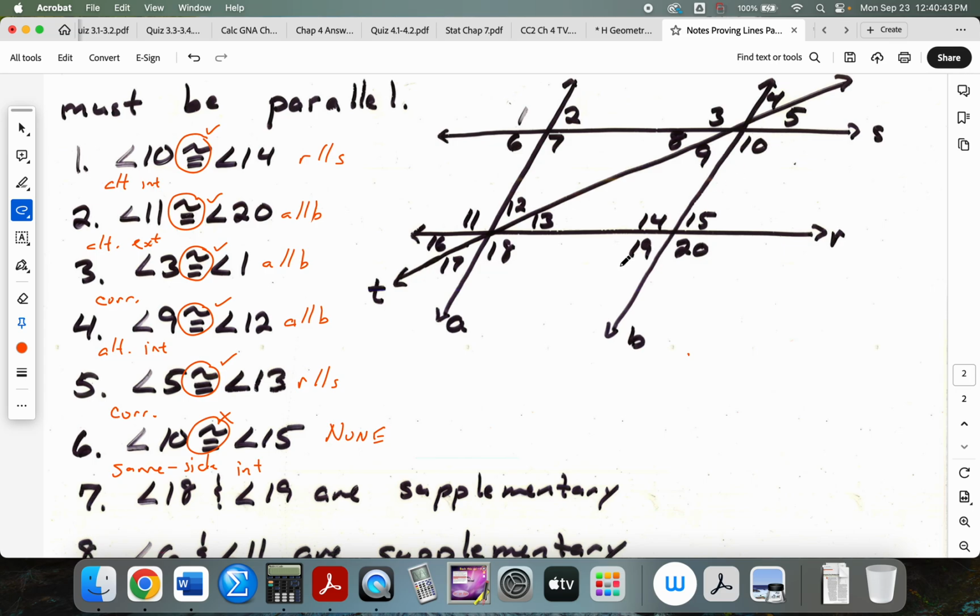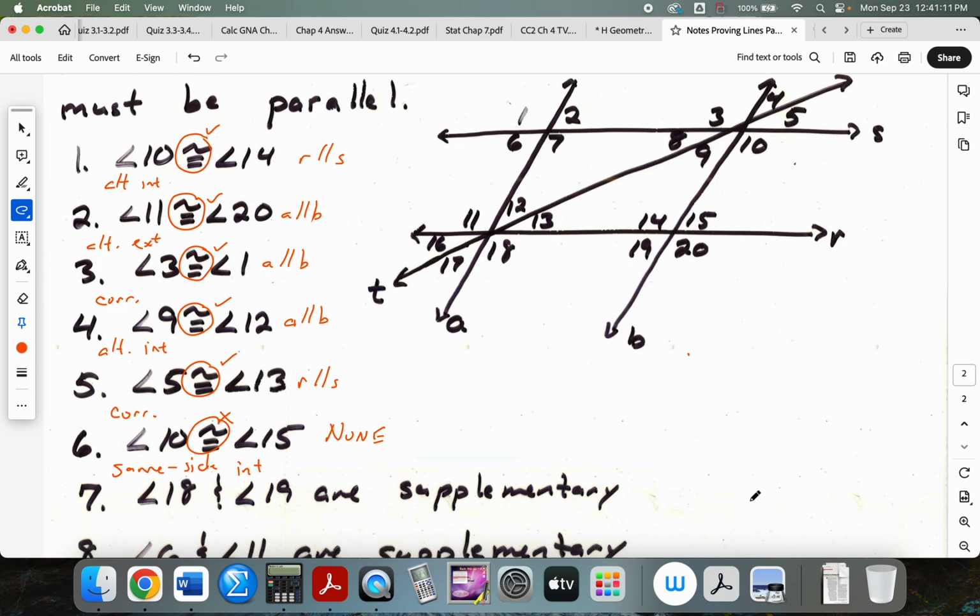They aren't anything. Another way you could get none is if they tell you something that has nothing to do with parallel lines. For example, if I told you that angle 1 was congruent to angle 7. Those are vertical angles. They're always congruent. It has nothing to do with parallel lines. So there's a number of ways you could get none.